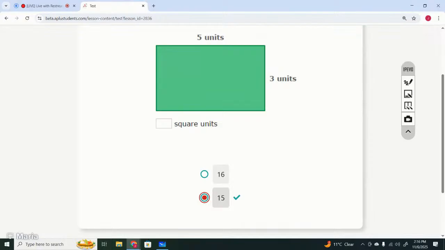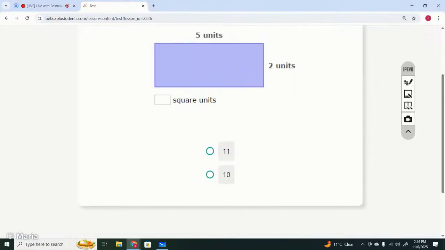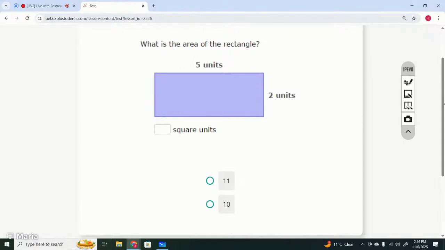Yes, that is 15 again, right? 3 times 5 makes 15. What is the area of rectangle, which is the correct option?